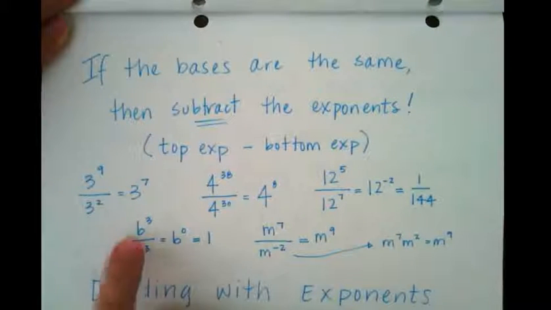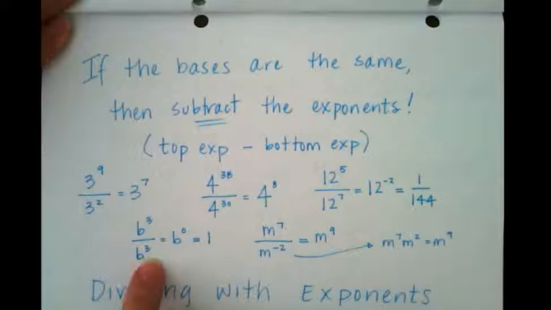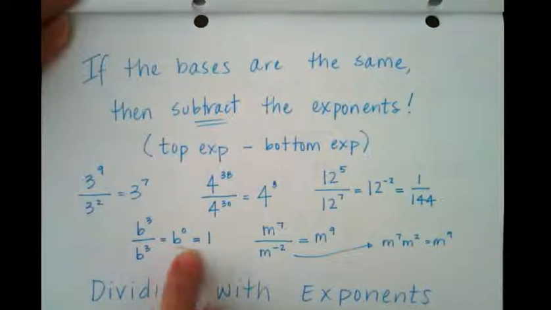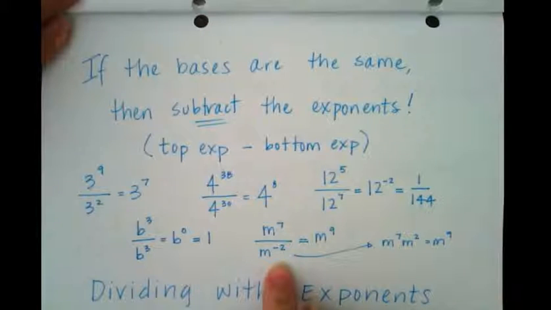Then just to go further, if we had b to the 3rd over b to the 3rd, if we subtract those, we get b to the 0, and we know anything to the 0 power is 1. And then this one, just to make sure you understand that it works with negatives as well, m to the 7th over m to the -2nd.